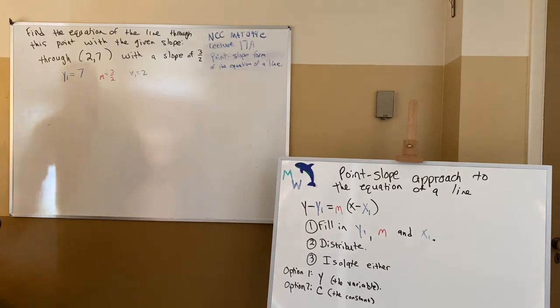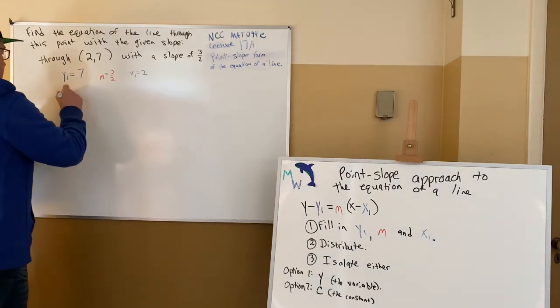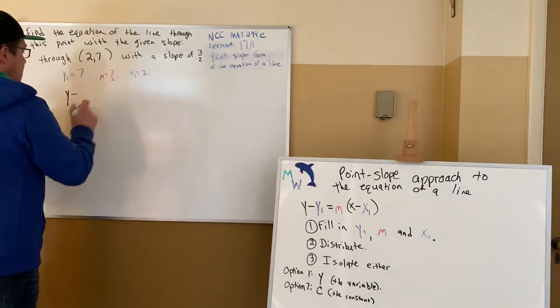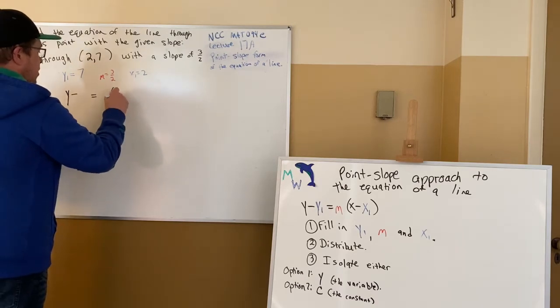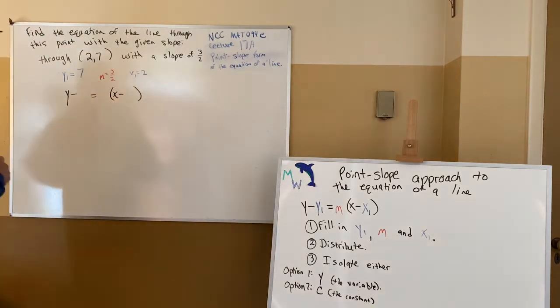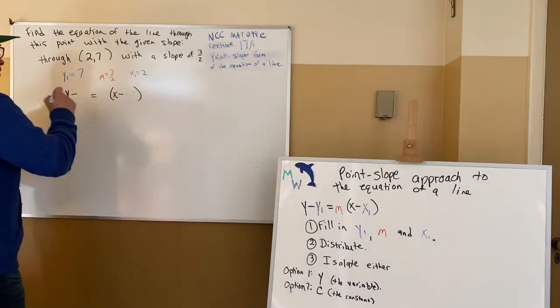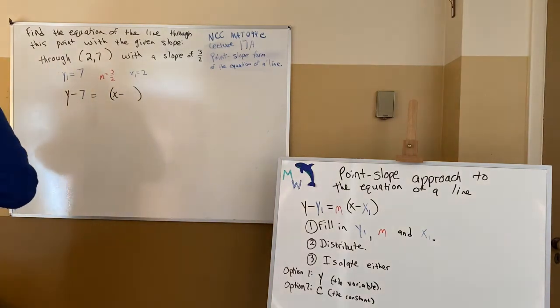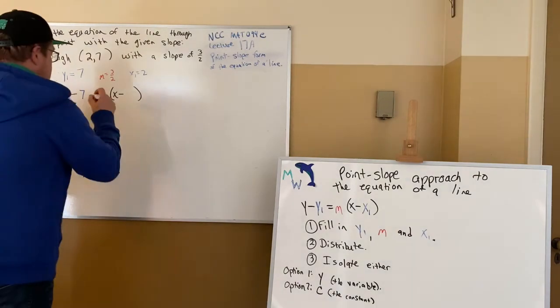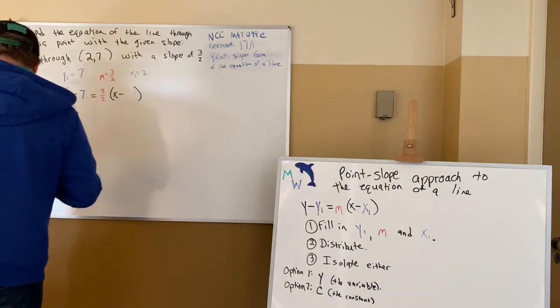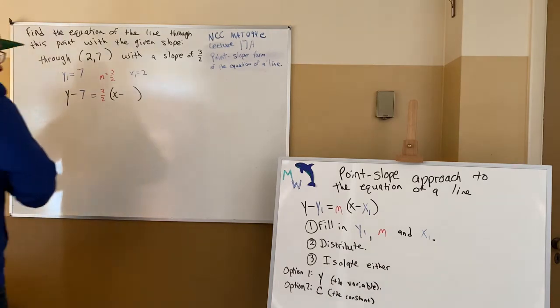They want me to start with y, the letter y, minus, and then they want an equals, and they want space before I have my x minus, because that's what their form looks like. And now I have to drop the 3 items that I have into their locations. Here's where my y goes, m. It's the same 3 in the same order as y equals mx plus b, and x.